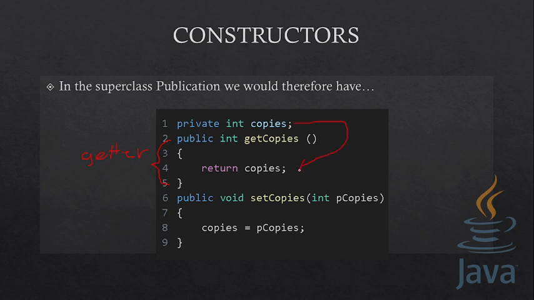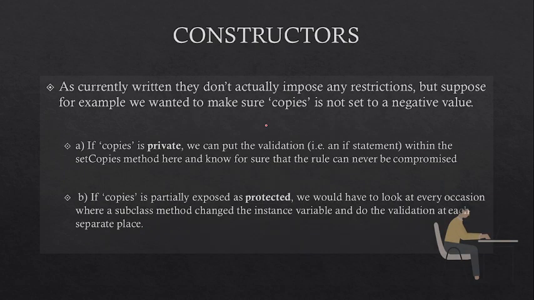And then the setter. So the other term for your mutator method is setter. It sets the value. So here it will set whatever value is passed to the copies variable.